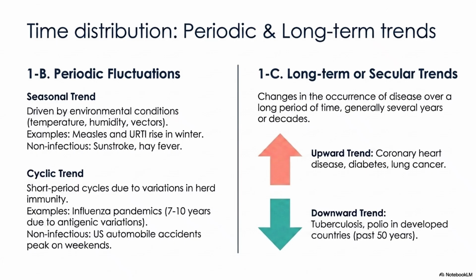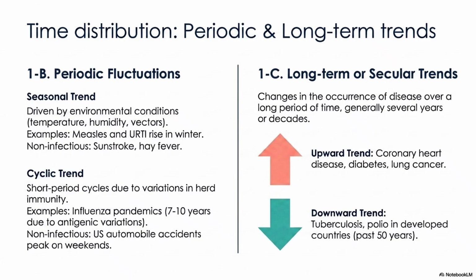Because of that, most of the people will again be susceptible, and the outbreak or epidemic will happen. Examples are influenza pandemics, which happen every 7 to 10 years due to antigenic variation. Once the influenza pandemic comes, most of the people will be immune, and after 7 to 10 years this influenza virus will change its antigenic characteristics, and to this new antigen we are not immune. So most of the people will be susceptible, and again the outbreak will happen.